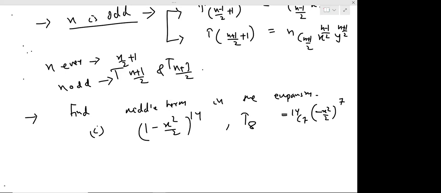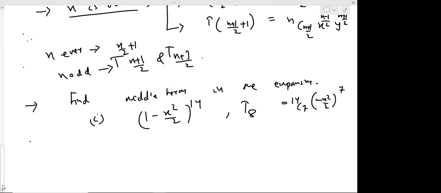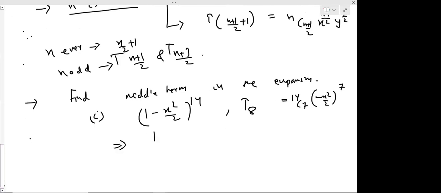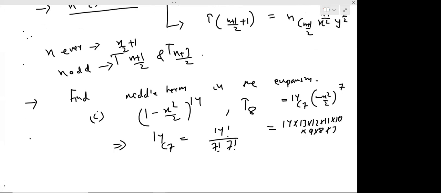If you have to calculate 14C7, then this is 14 factorial upon 7 factorial 7 factorial. So this is 14, 13, 12, 11, 10, 9, 8 into 7 factorial, and below this is 7, 6, 5, 4, 3, 2, 1. So this is cancelled. Now 7 and 2, 14 is gone.